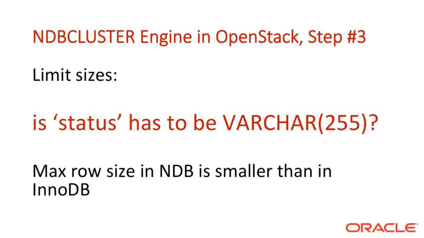And since NDB is an in-memory database, it has stricter limits for row width sizes. For example, in NDB it's just 14,000. If you sum the sizes of all columns, it should be 14,000 bytes, no more. And in the MySQL server, the normal InnoDB engine, it's 3 times bigger.